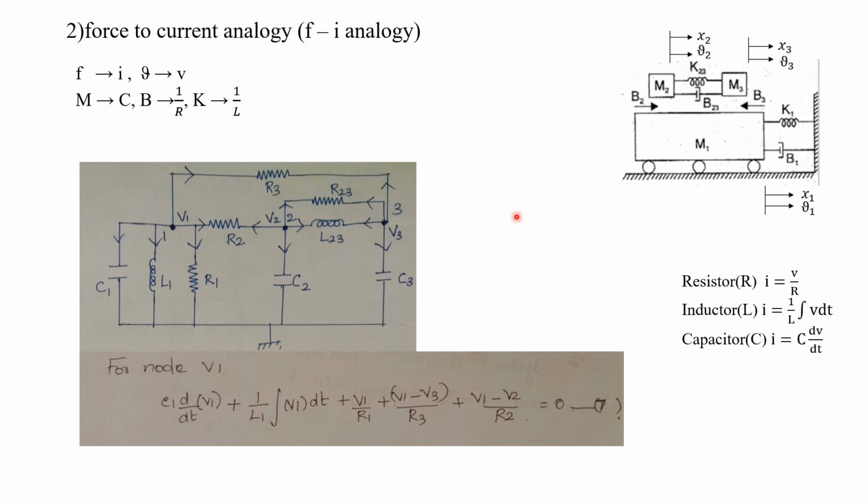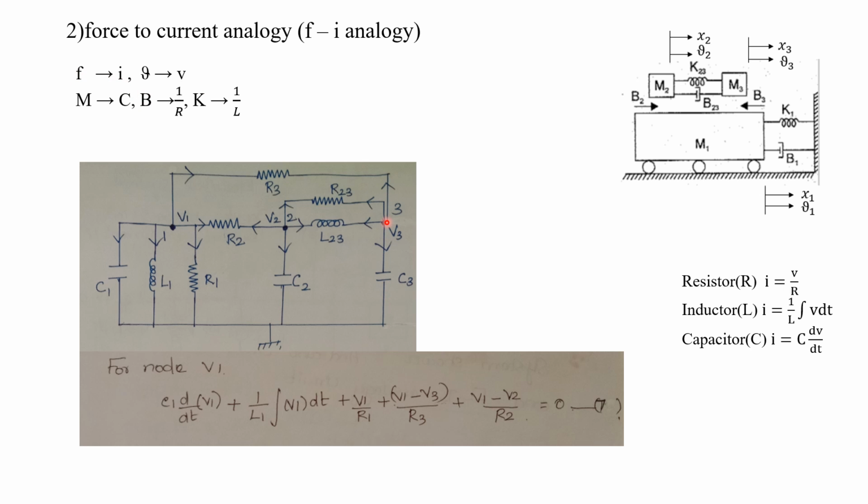Okay, now consider this node 3. To connect different elements in node 3, what do we have to do? We have to see this mass M3. In this mass M3, is there any applied force? There is no applied force. So no need to draw any current sources here. If you have any applied force, force corresponds to current, so there you have to draw the current source.